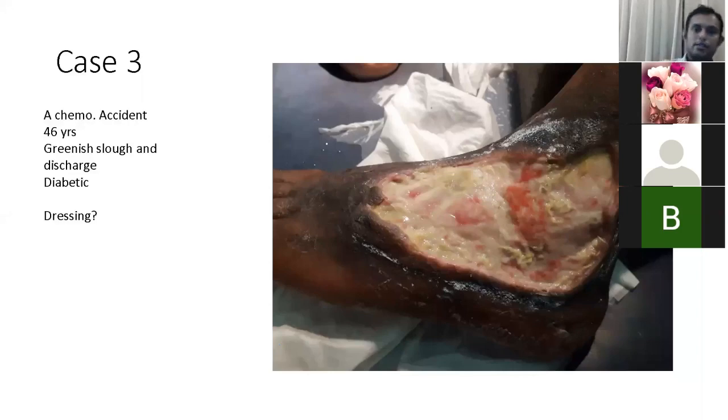So what do you think about this? How do you manage this one? What does the greenish discharge tell you?